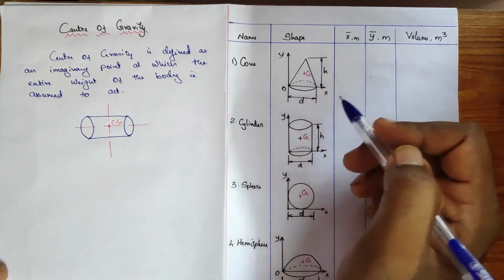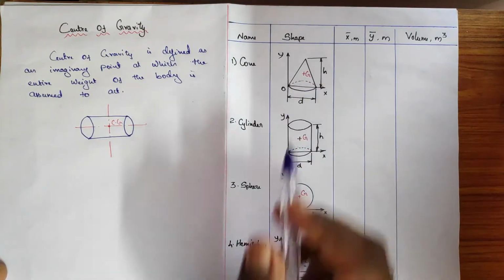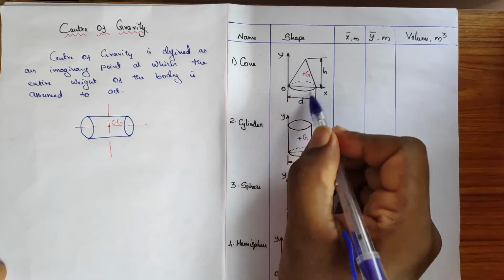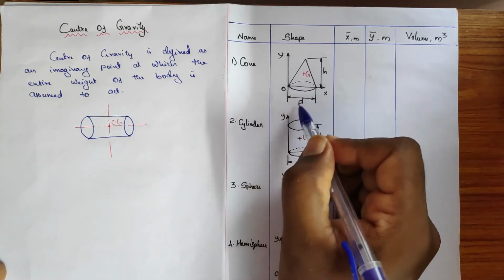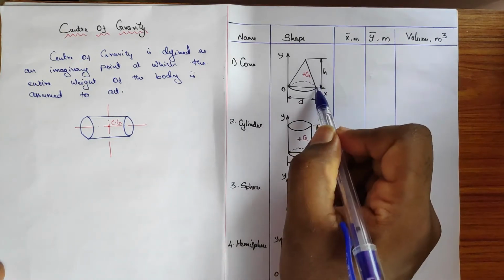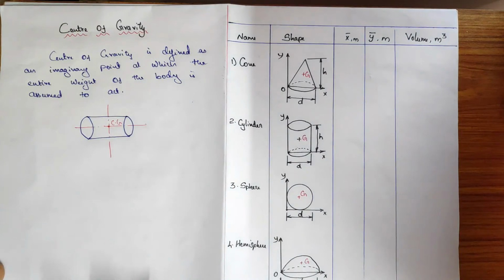For the cone, just see here, the bottom base is measured in terms of diameter, right? And here the height of the object I have noted as h.